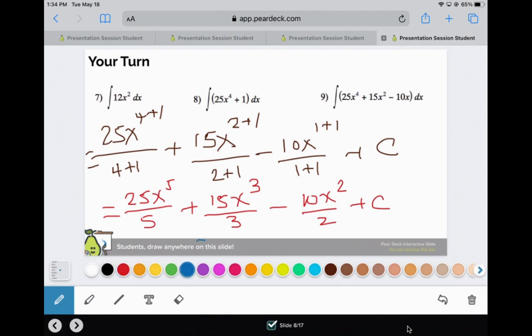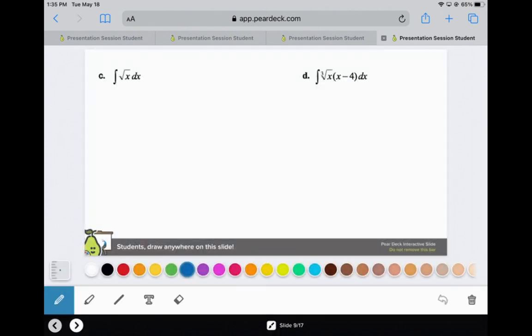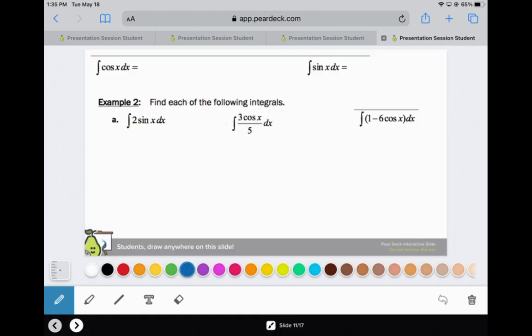So that gives you 5x to the fifth plus 5x to the third minus 5x squared plus C. So that is the power rule that we learned from last class. I just want to review that with you because you will need it for the Khan Academy practice that you would do. Okay. Then we ran into trig functions.